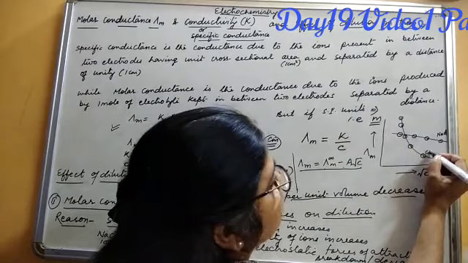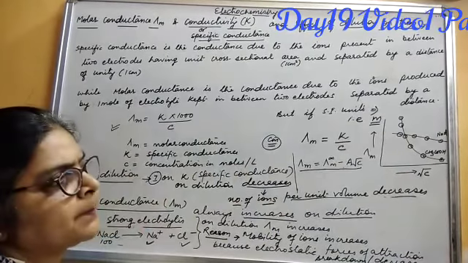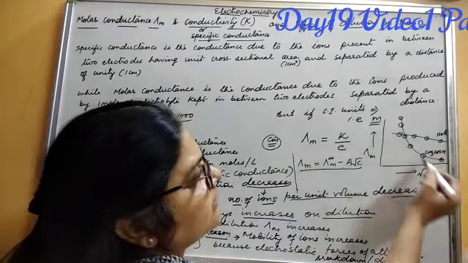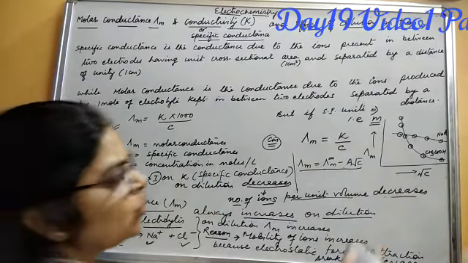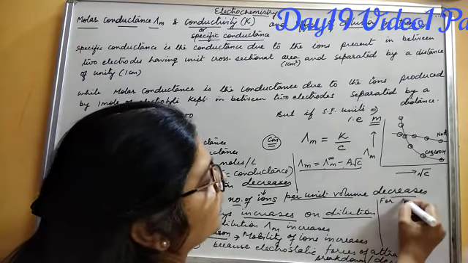So this graph is for a weak electrolyte, for example, acetic acid we are taking. In the graph, we see that for a weak electrolyte there is a sharp increase in molar conductance. So what should be the reason here for weak electrolytes?